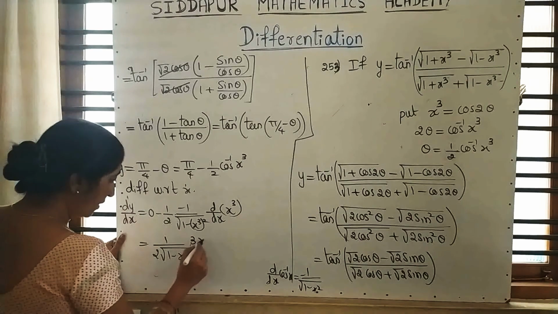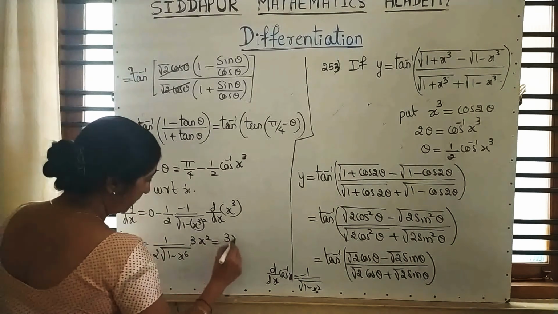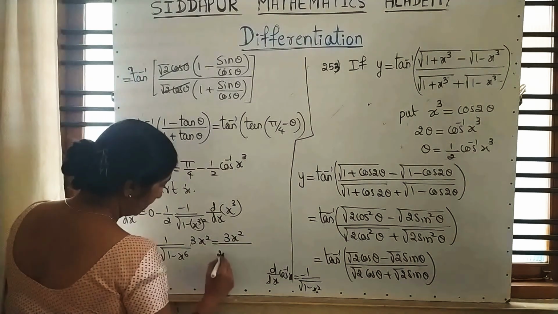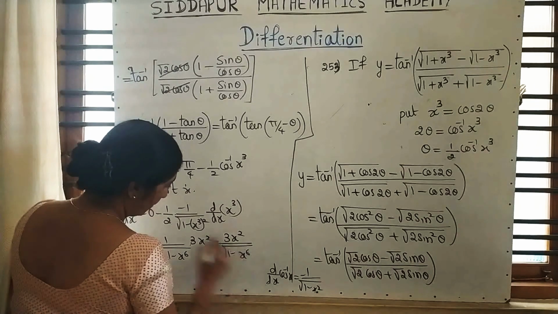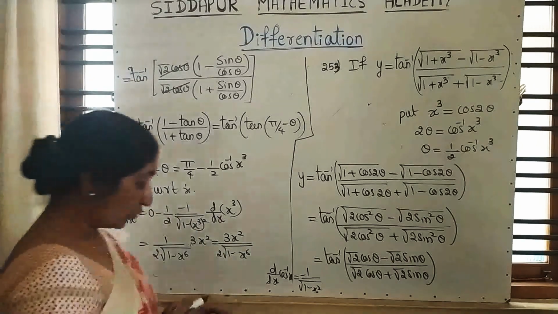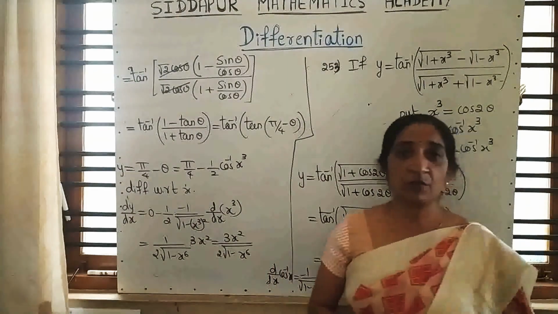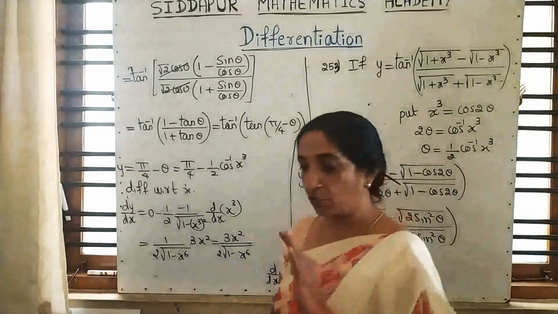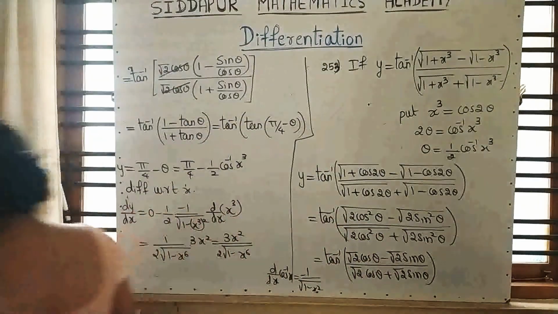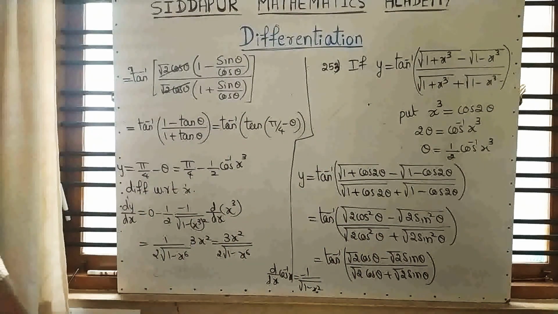This is 3x square. Finally we can write. That's why I told you, if the bracket contains a square root, and under the square root whatever the term, x square, x cube, whatever, in place we have to write cos 2 theta. Please note down that.